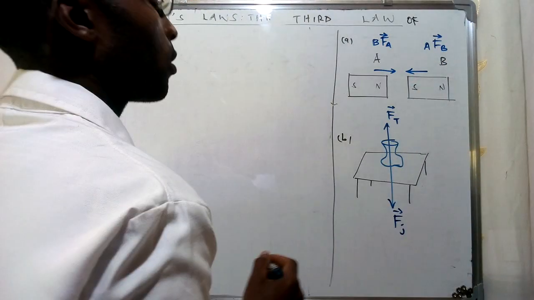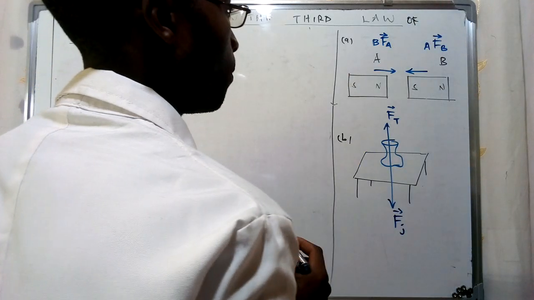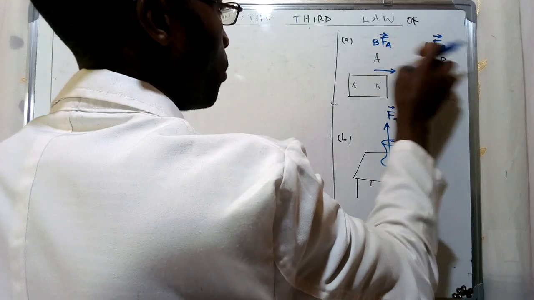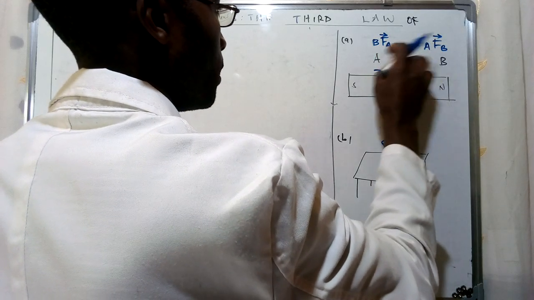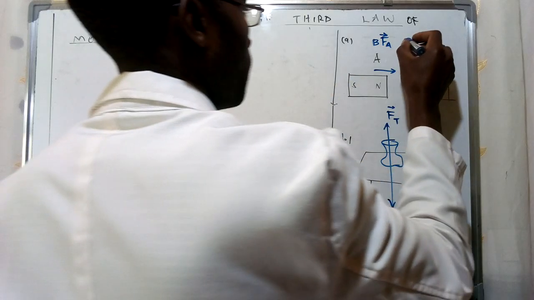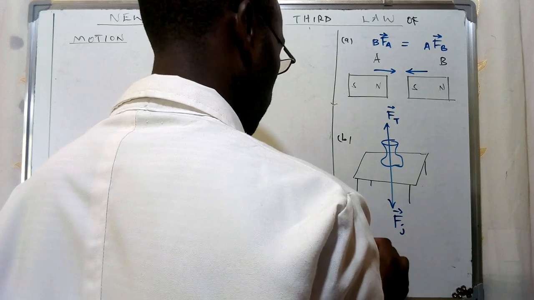So in this case, these are two attractive forces, and Newton's second law of motion creates the relationship between these two forces of attraction due to the relative presence of these two objects. And therefore, they are equal in magnitude.